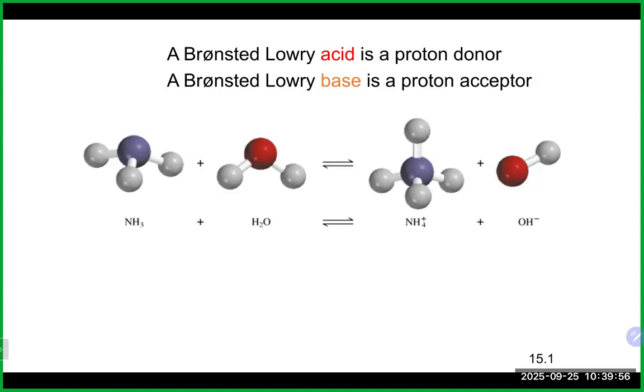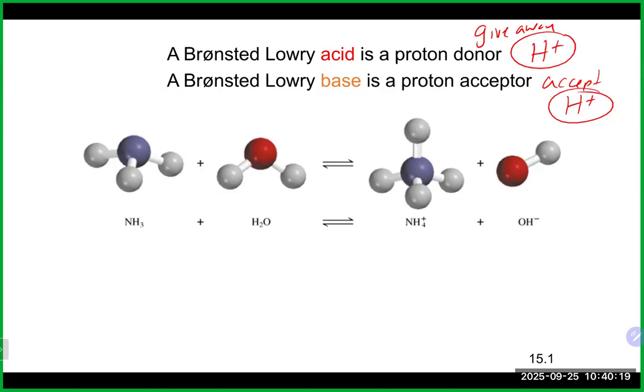In a Bronsted Lowry definition, an acid is a proton donor. So that is something that will give away an H plus. And a Bronsted Lowry base is something that will accept an H plus.